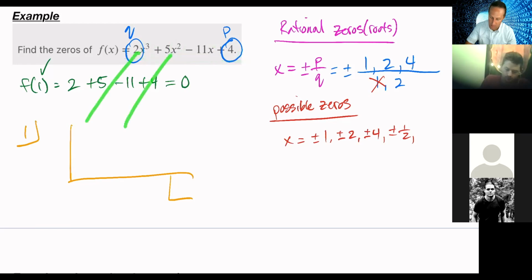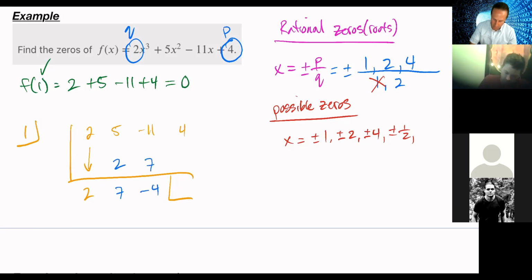So now I'll take all the coefficients and write down 2, 5, -11, and 4. I got to start somewhere, so I'll bring the first thing down, and then I'll start multiplying and adding. 2, 7, -4, and 0, just like we knew it should be.